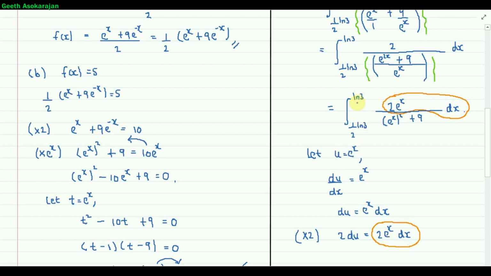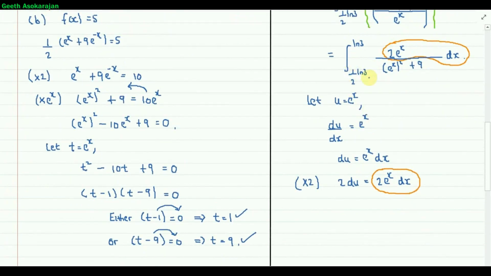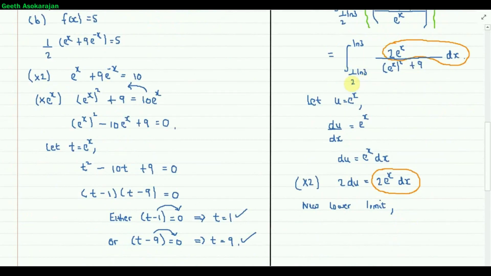But let's also think about these limits. So if I scroll down, let's work out the new limits. First of all, the new lower limit. These limits are in terms of x.